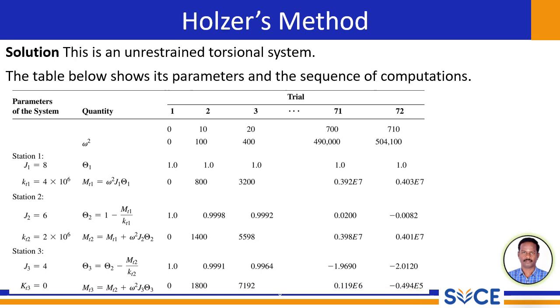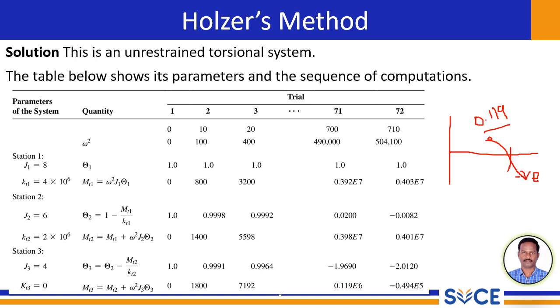That means if I draw the graph, we have to consider the graph also. Initially the positive value is coming into picture, that is 0.119 e power 6. Then the next negative value is coming into picture. So if we plot, it will cross like this. At this point we are getting the natural frequency.